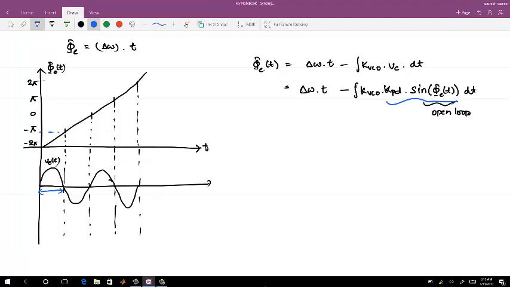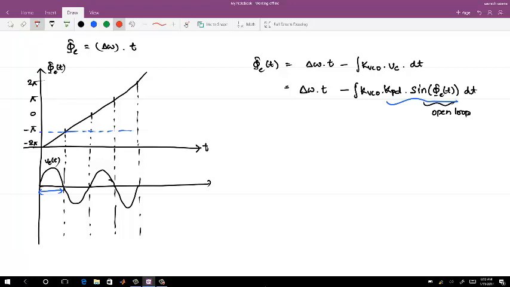What I'm asking is, earlier when you had only a linear rate, the phase error was changing with slope delta omega with respect to t. Now something else is being subtracted from that phase, and when it is positive, the phase error which you accumulate will not have the same slope.